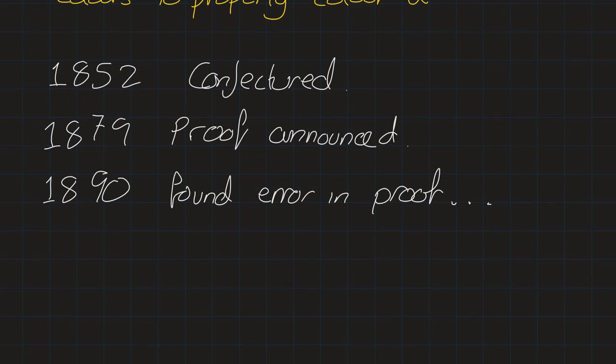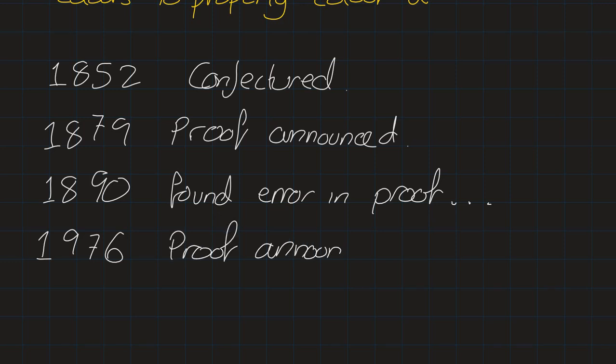And then everyone went back to the drawing board and they tried to solve this problem, and it took a long time. It took another 86 years until another proof was announced. Okay? And this proof people have generally come to accept as good enough. It's a correct proof.